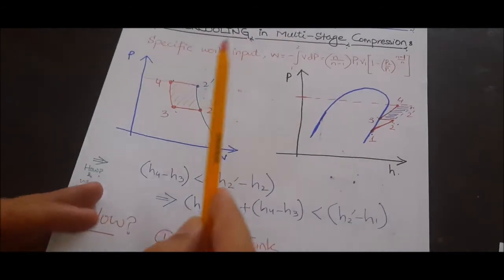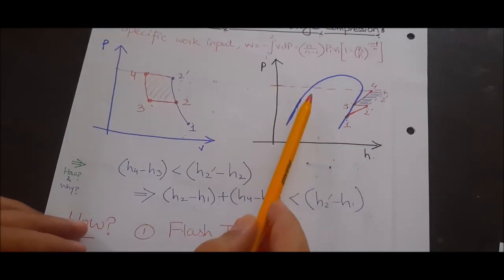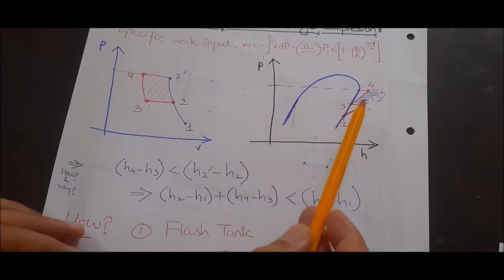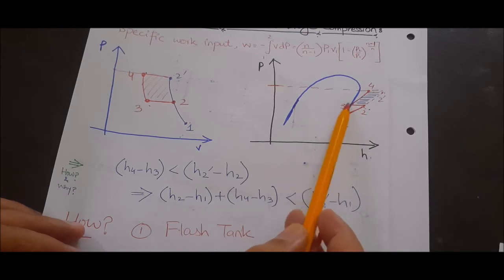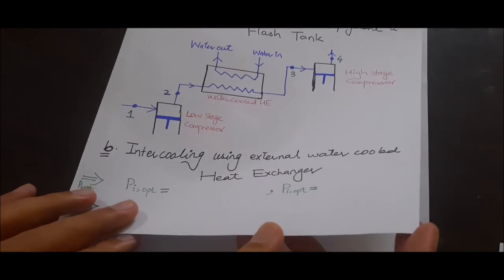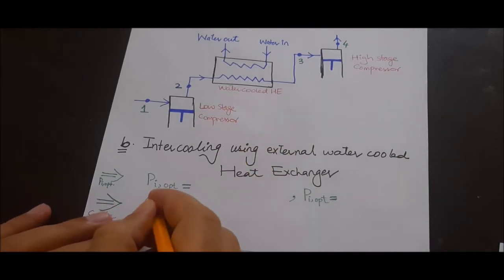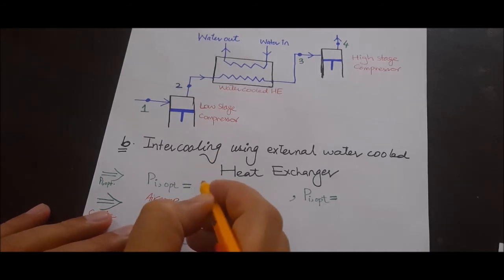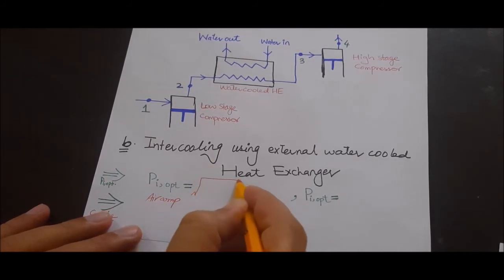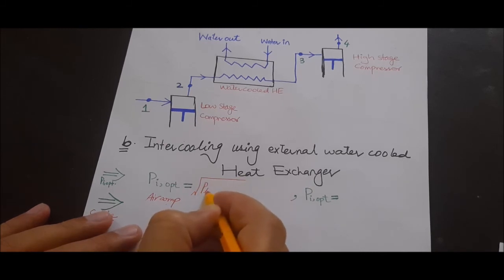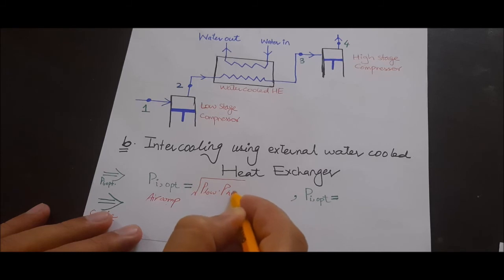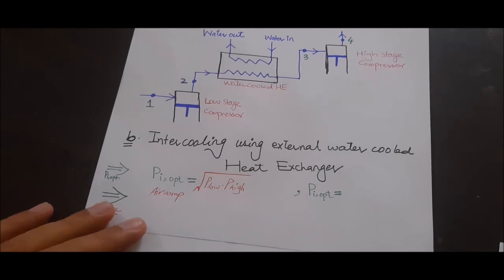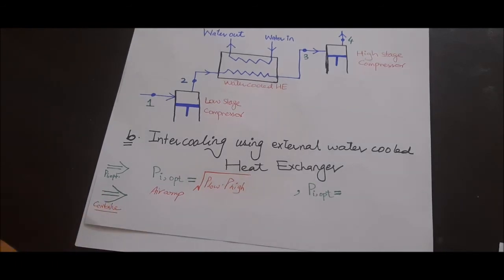As you can see, there would be a high pressure, then a low pressure, and this would be an intermediate pressure, the pressure at 2 and 3. So what is the optimum intermediate pressure? For air compressors, it is the root of the product of the low pressure and the high pressure.